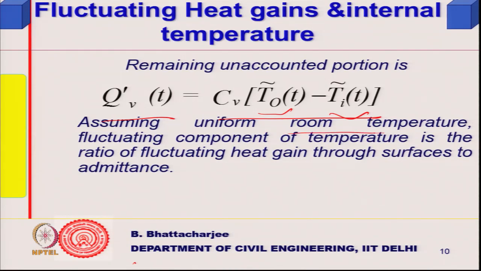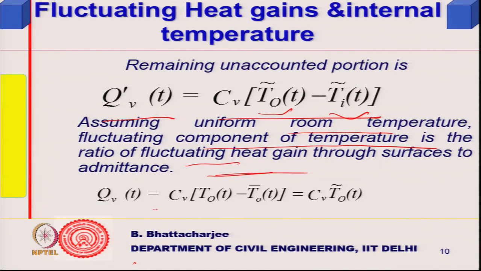So, assuming uniform room temperature, the fluctuating component of temperature is the ratio of fluctuating heat gain through all the surfaces to admittance. The statement is fine, but let us understand what it is.